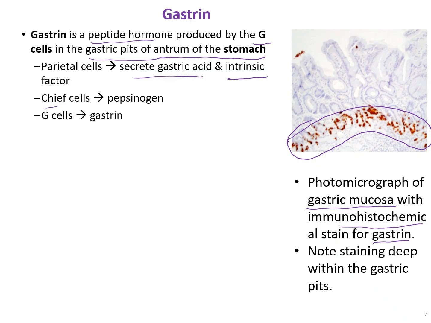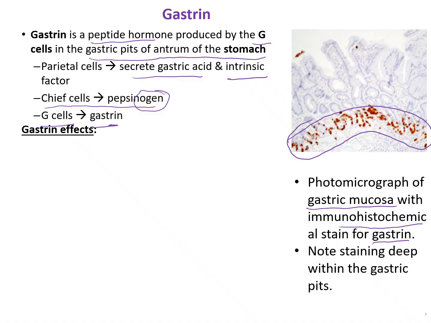Whereas chief cells produce pepsinogen. Anything ending with 'nogen' is an inactive form, so pepsinogen should convert into the active form, pepsin. Then the G cells produce gastrin, which is a hormone. What are the functions of gastrin?